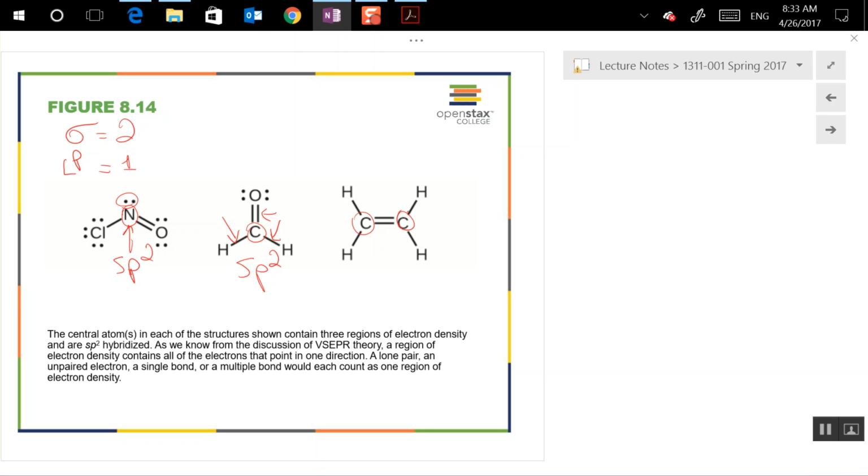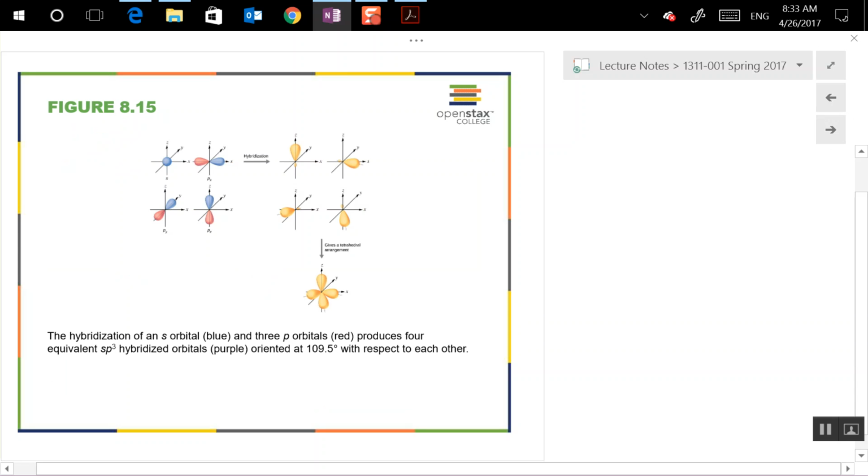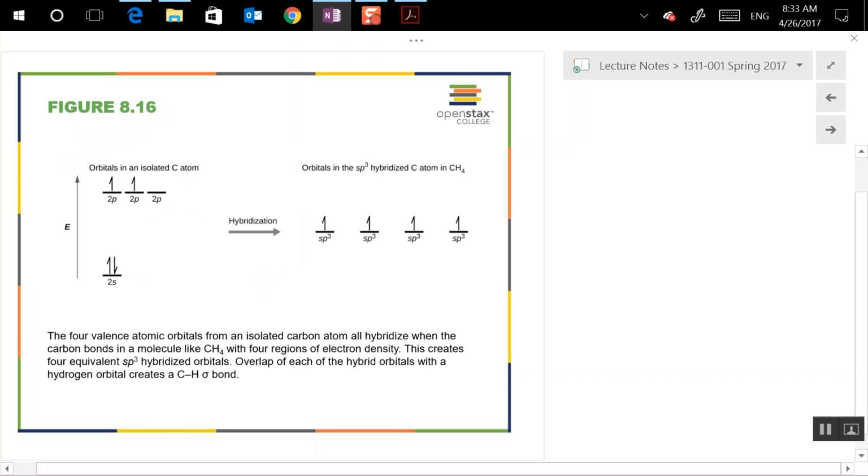Okay? You simply have to count the number of sigma bonds and the number of lone pairs to identify the hybrid state. For that sp2 state. So this would be sp3 because I have 4 orbitals here, 1 s and 3 p's.